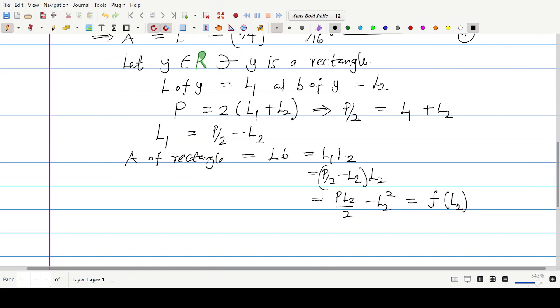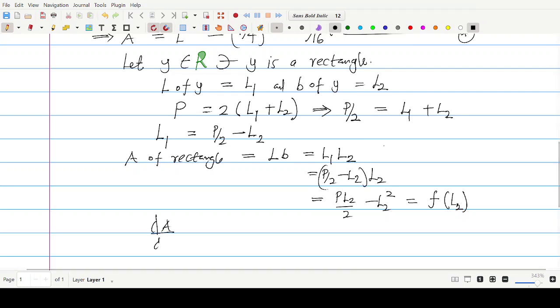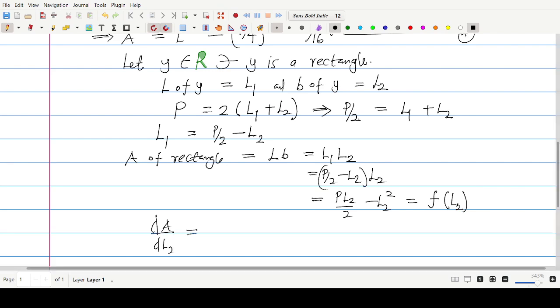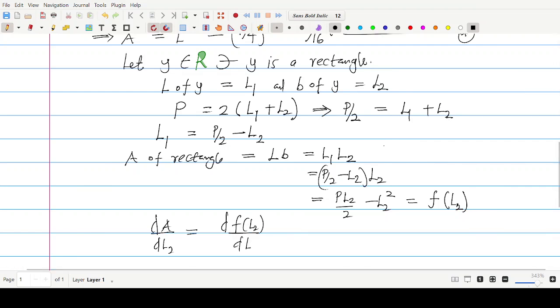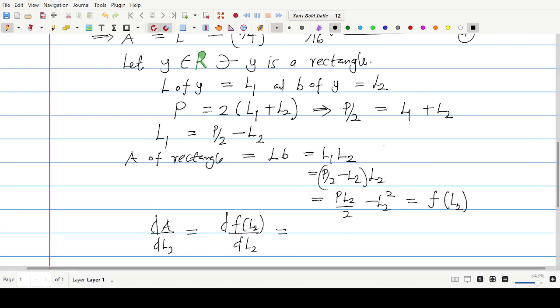So let's go back to establish that. In this case, we shall differentiate. On differentiation, we have dA by dL2, which can be written as dF of L2 by dL2, equals, on differentiating the first term over here, we are left with P over 2.